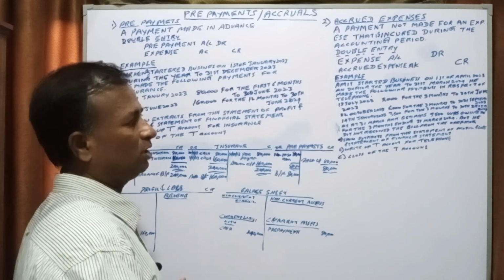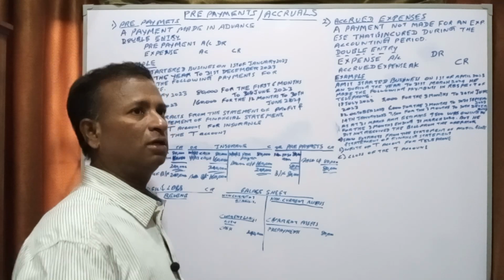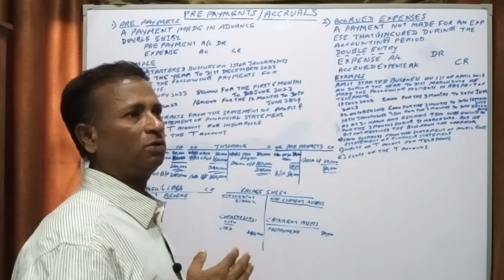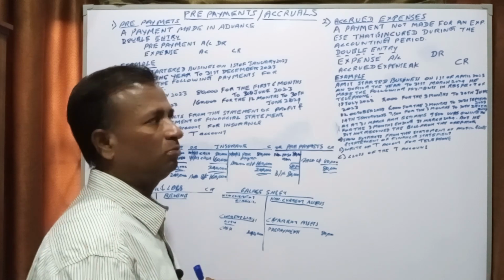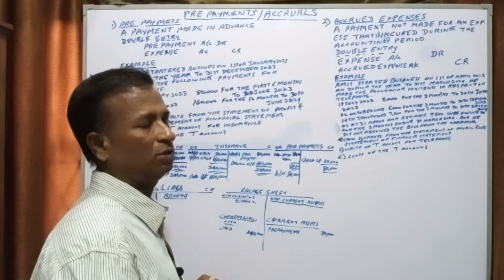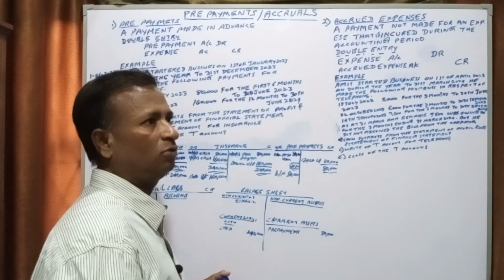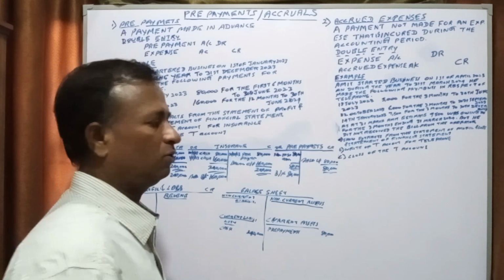For example, telephone expenses or electricity expenses belonging to the current period but not paid. That is known as accrued expenses.